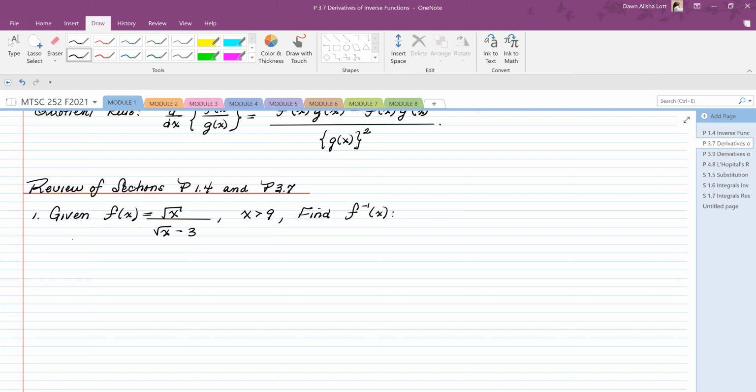So we have y is going to be x to the 1/2 power divided by x to the 1/2 power minus 3. Okay, so now what are we going to do?